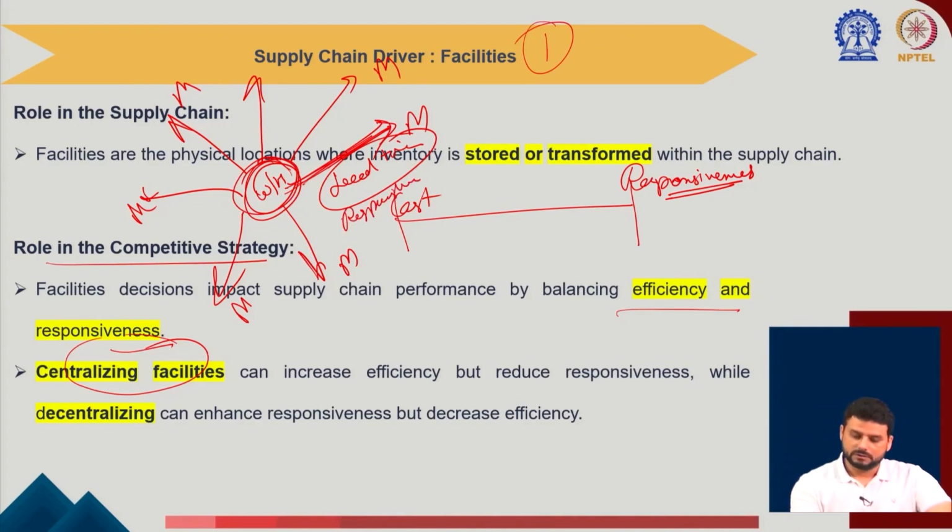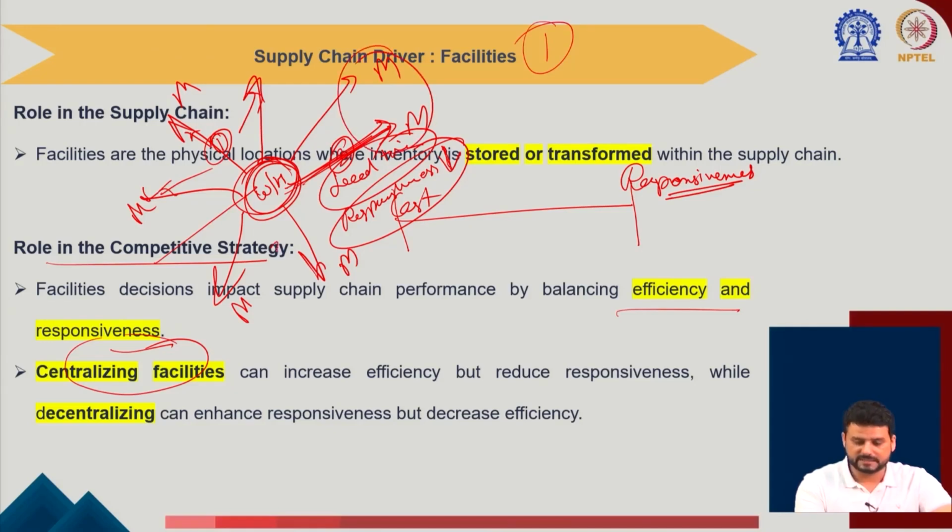If you are going with this kind of model, responsiveness will reduce, but you will be cost efficient, because instead of maintaining, what can be the alternate? The alternate may be one warehouse for these three markets, another warehouse here serving these two markets, a third warehouse here serving these two markets.